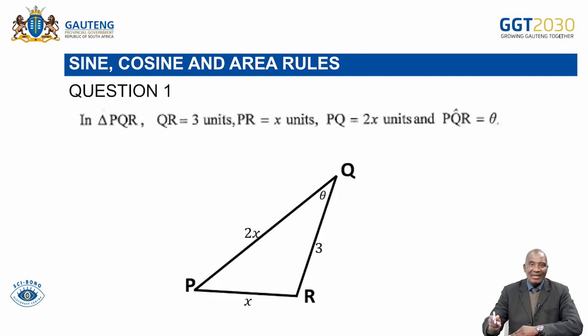Okay. Right. Here is our first question for the day. Question number 1. It says, in triangle PQR, QR is 3 units, PR is x units, PQ is equal to 2x units, and we are given an angle at Q, which is angle theta. This is our angle theta.